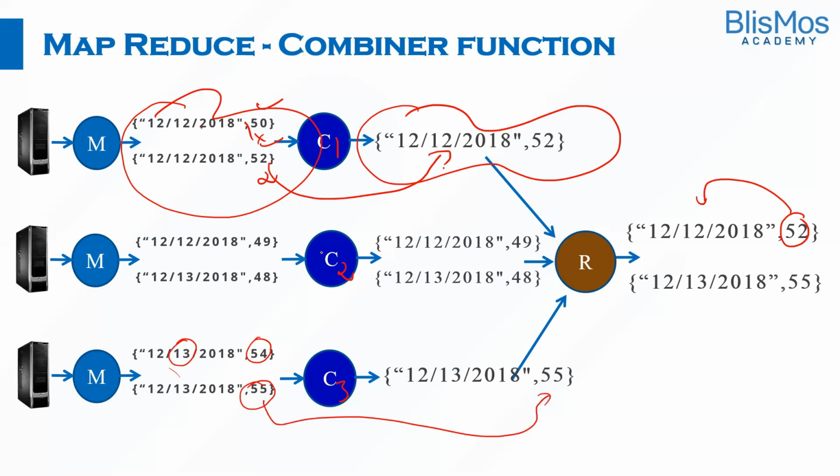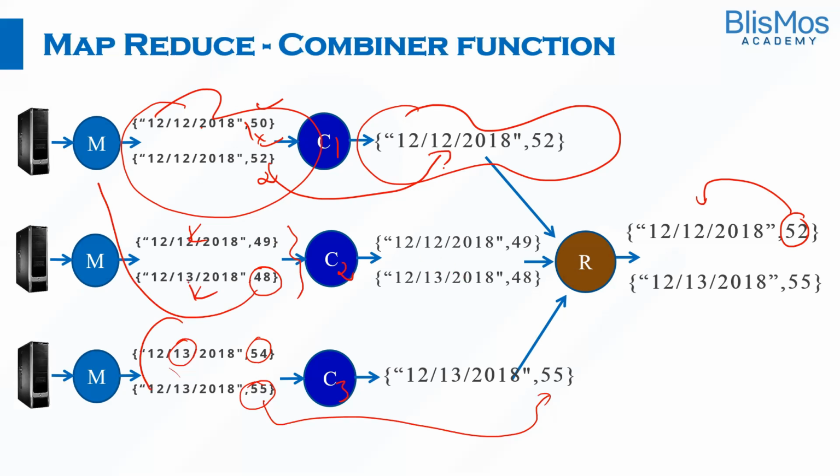But why is it giving the 2 outputs in this case? That is because here keys are different. When the keys are different, there is a chance that this 48 may be the maximum temperature across this and this mapper. We are not sure.